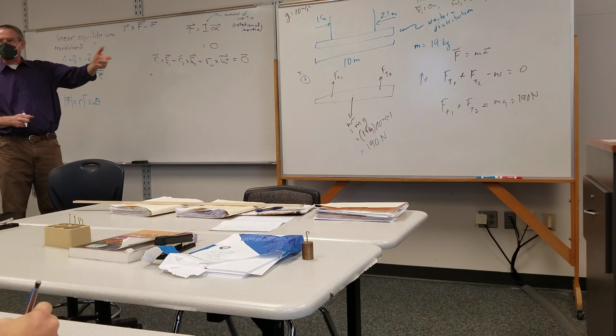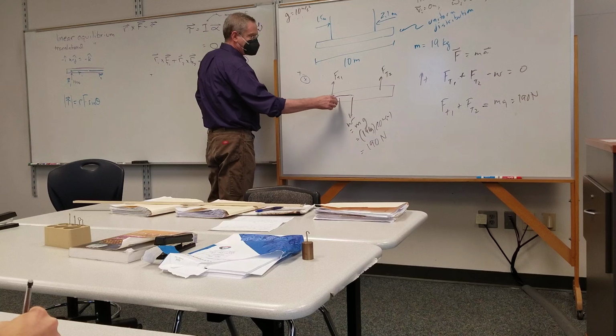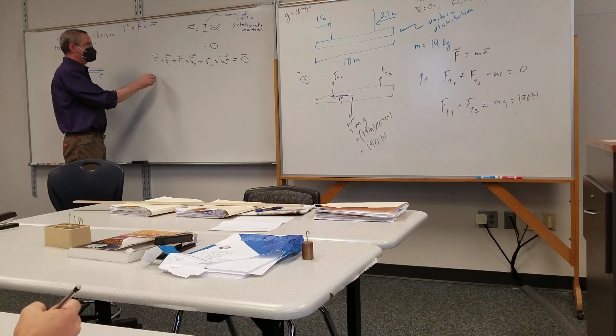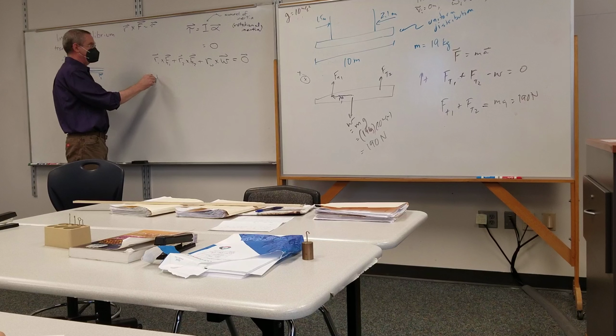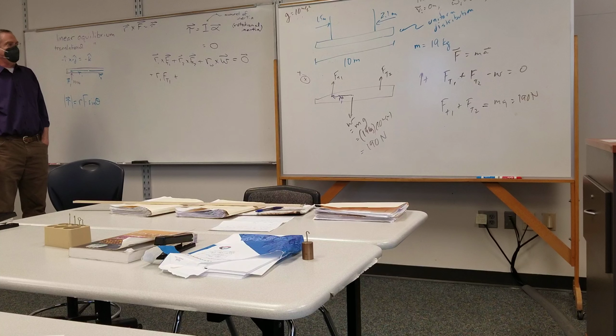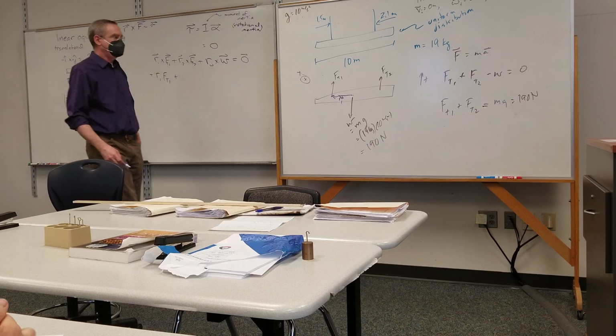My tension is perpendicular to R. Again, R is going that way. There's my R1. So I just multiply them. So it's positive R1 FT1 plus, well, the next term, what would it be? Negative.